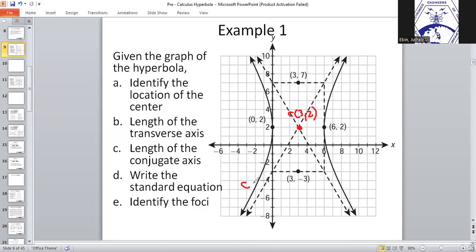So c natin is 5.83. So 1, 2, 3, 4, 5.83. So ang coordinates ng F1 natin is at negative 2.83, 2. Dito naman sa kabila is 1, 2, 3, 4, 5.83. Yung F2 naman natin is at 8.83, 2. So yun yung coordinates ng ating foci.